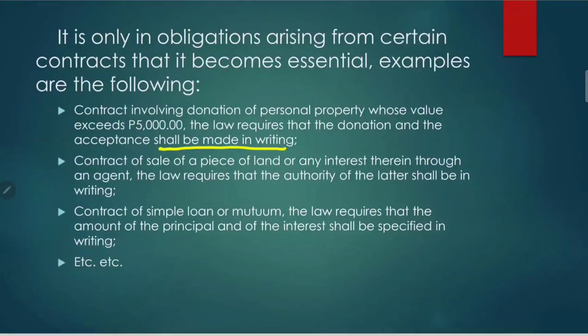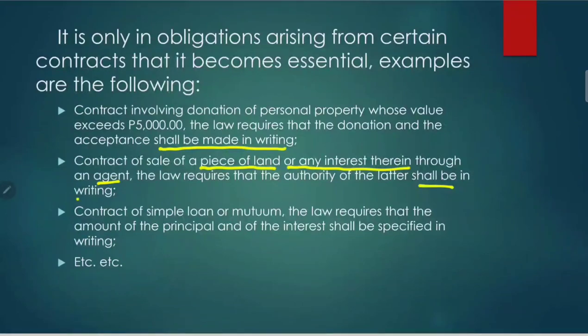yung donation and acceptance. Next, contract of sale of a piece of land or any interest therein. Yung sa ating mga real estate or any interest therein through an agent. The law requires that the authority of the agent of the latter shall be in writing. Yung daw authority ng agent to sell such piece of land or any interest therein shall be in writing.